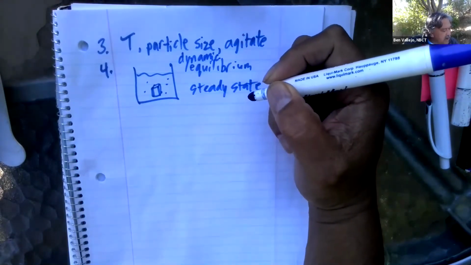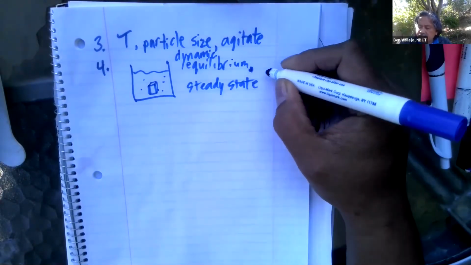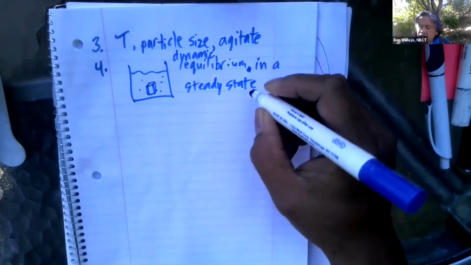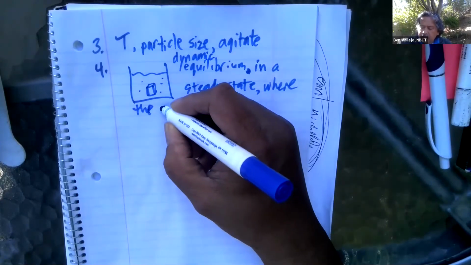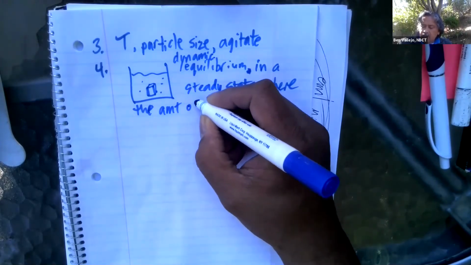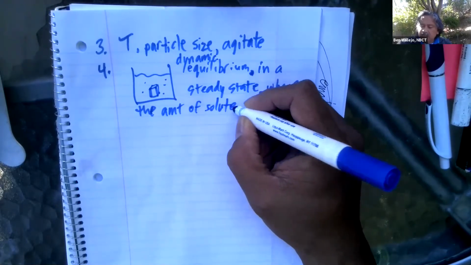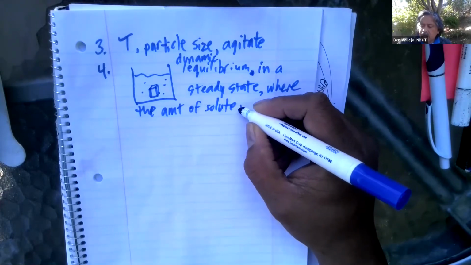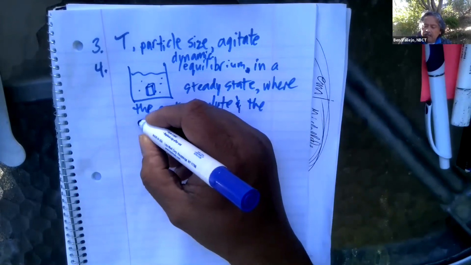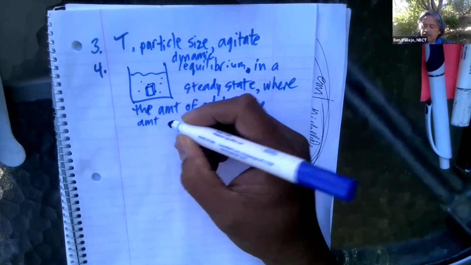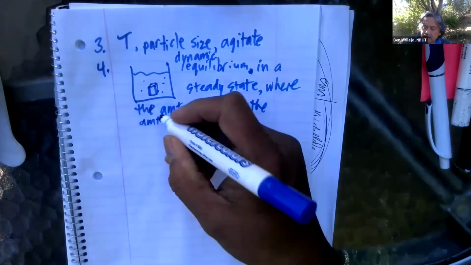Let's see. How can you describe the state of equilibrium? It's a dynamic equilibrium in a steady state where the amount of solute, we'll say, the amount of solute that crystallizes into the solid, the amount of solid.